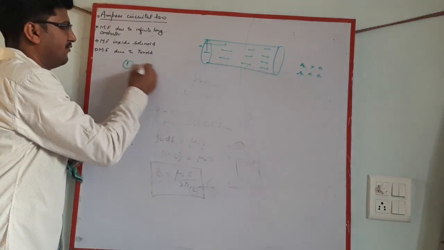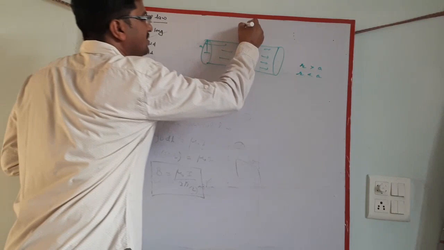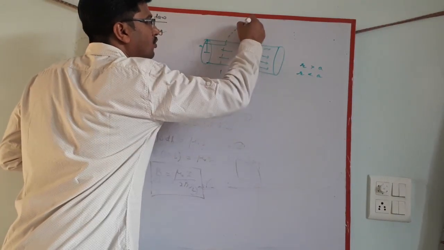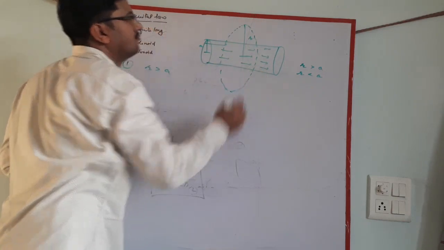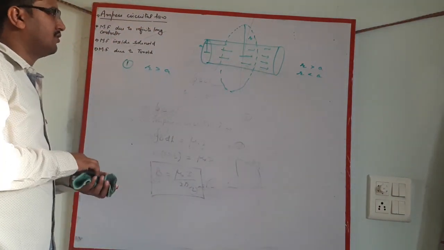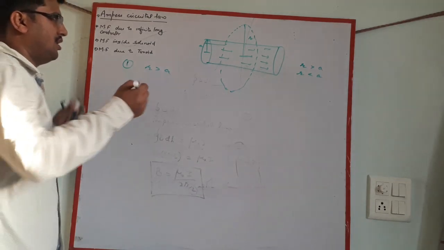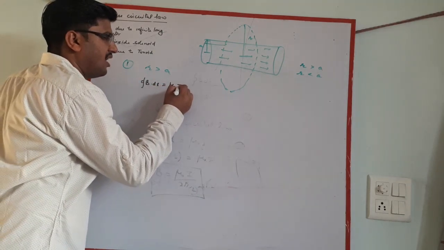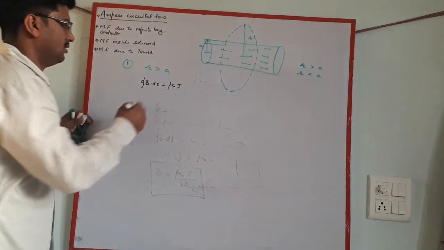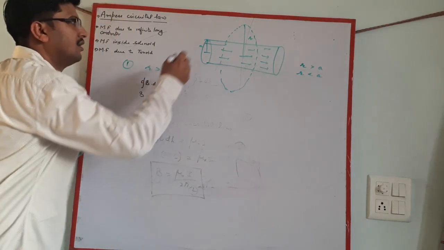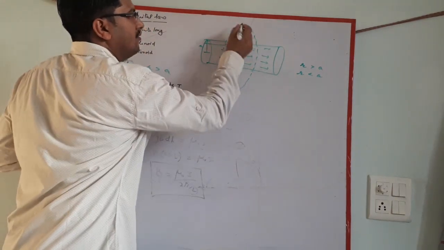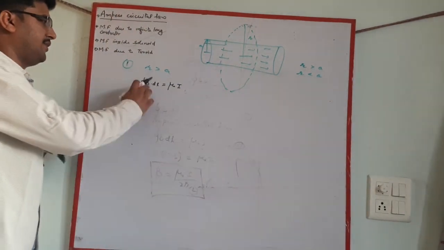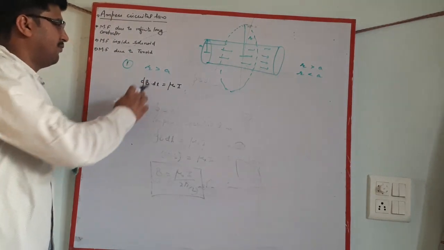So the first case is when r is greater than a. Draw an Amperian loop. Therefore, according to Ampere's circuital law, the closed integral of B dot dl is equal to mu naught times the current I flowing through it. The magnetic field and dl are both in the same direction, so B dl cos 0, which is 1.